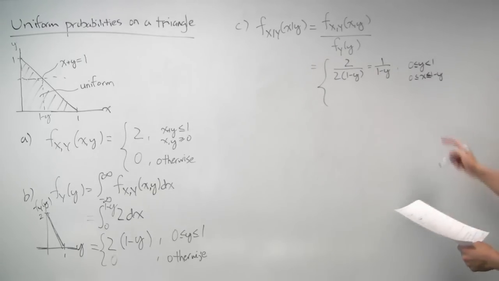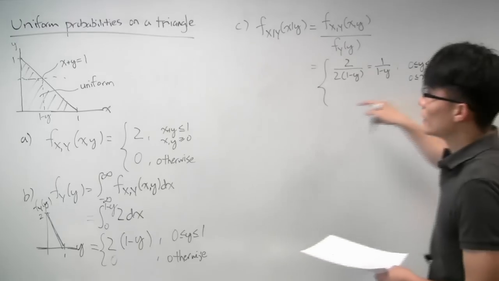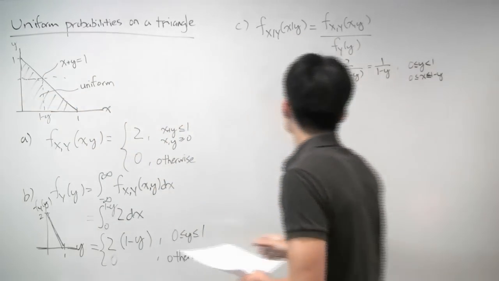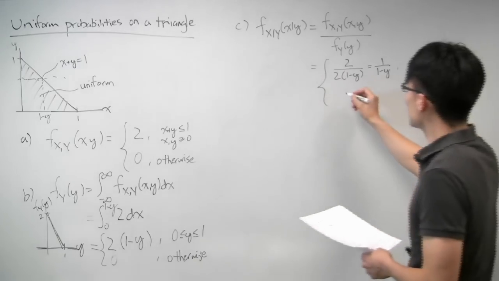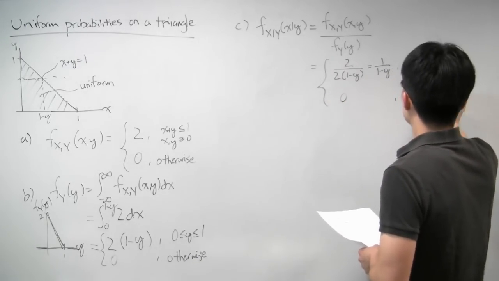Because whatever x has to be, it has to be such that they still fall within this triangle. And outside of this, it's 0.